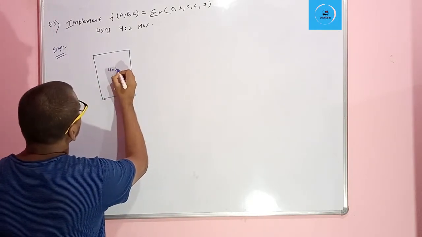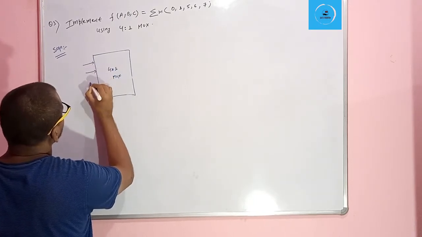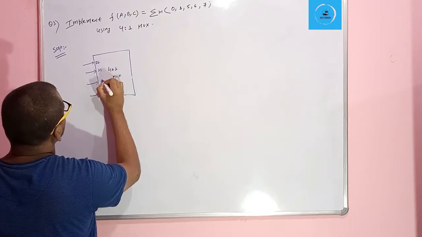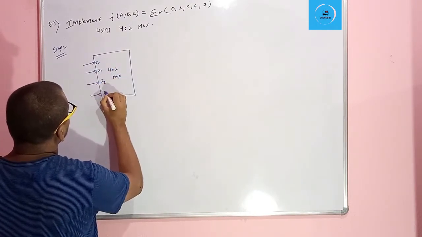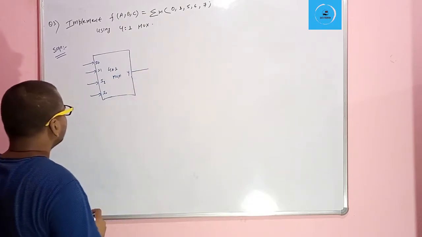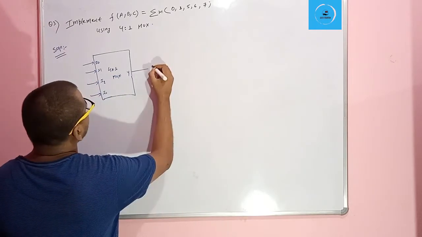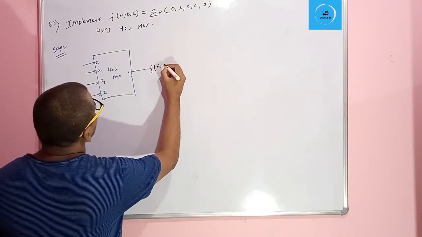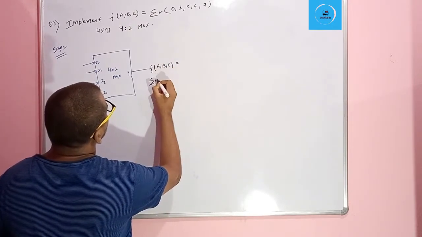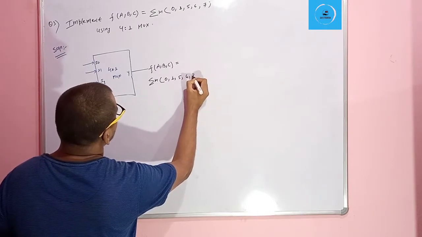This is the 4 to 1 mux, here are our 4 inputs I0, I1, I2 and I3, and here is our output, the function f of a, b and c, equal to summation of 0 1 5 6 and 7.